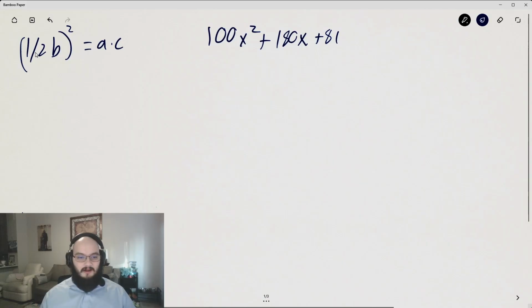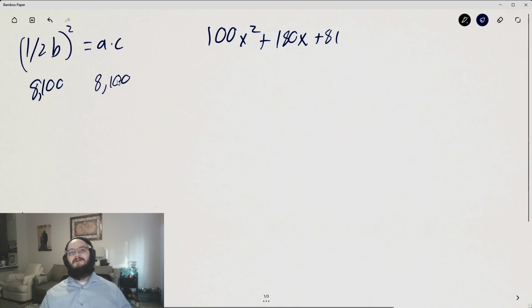We're going to check and see if it is a perfect square trinomial. 1/2 of 180 is 90, and then 90 squared is 8,100. 100 times 81 for our a times c is also 8,100. Yay! It's a perfect square trinomial. We can factor this out using the perfect square formula.